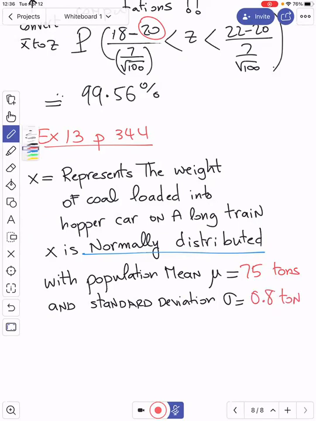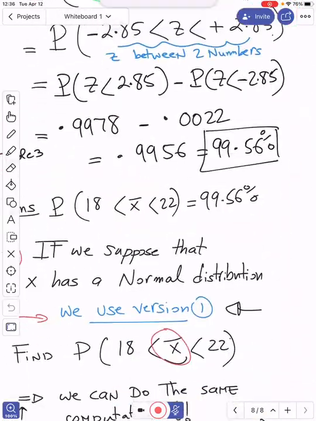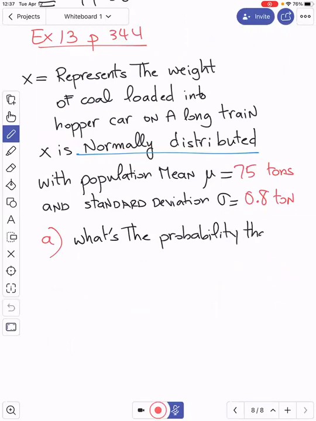A says: what's the probability that one car chosen at random will have less than 74.5 tons of coal?